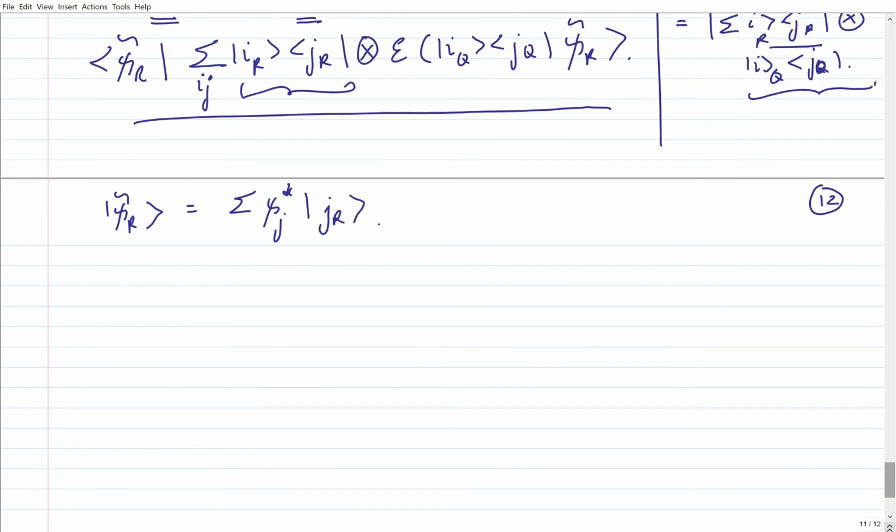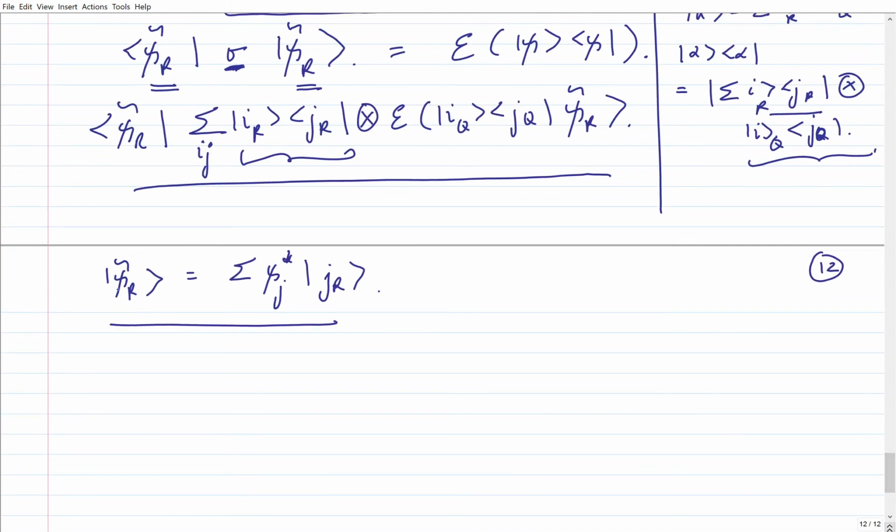So when I plug this back over here again, I will get the quantum operation on system Q weighted by these coefficients.